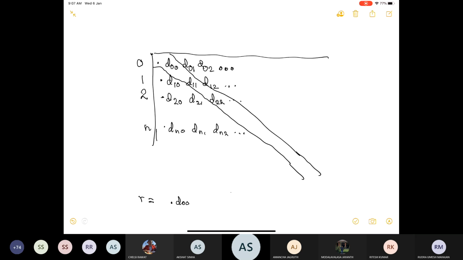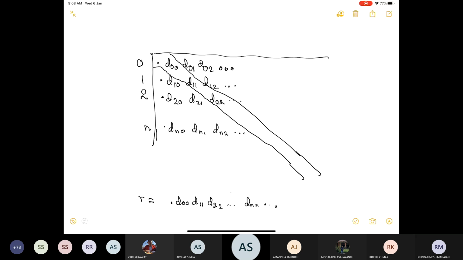So it's this infinite decimal expansion D00, D11, D22, and so on, DNN, right? And then we tweak this. So this number is also between 0 and 1. And we tweak this number slightly so that every digit is changed, right?